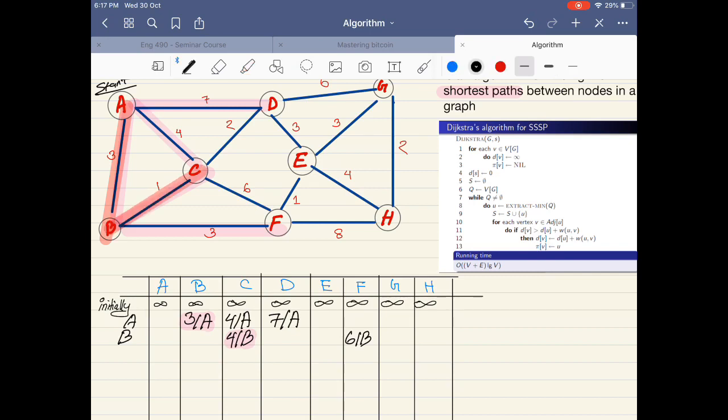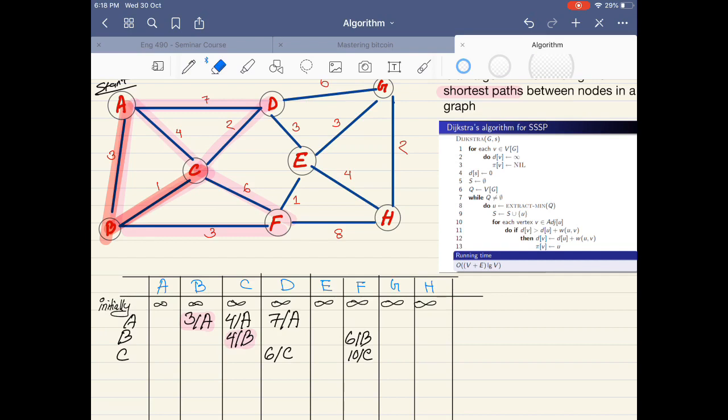Now we have reached C. So from C we can go to D and F. So let's write the distances down. From C to D, that would be 3 plus 1, which is 4, plus 2, that would be 6. So 6, parent C, because C is the parent, and to go to F we need 10.